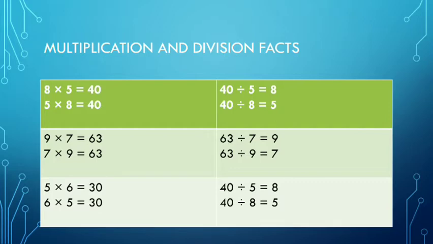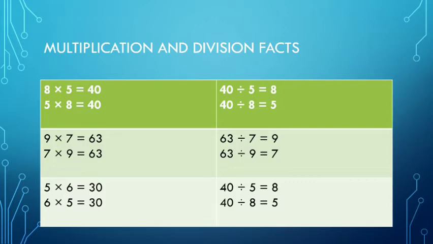Let's make some other facts. 9 multiply 7 is equal to 63. 7 multiply 9 is equal to 63.